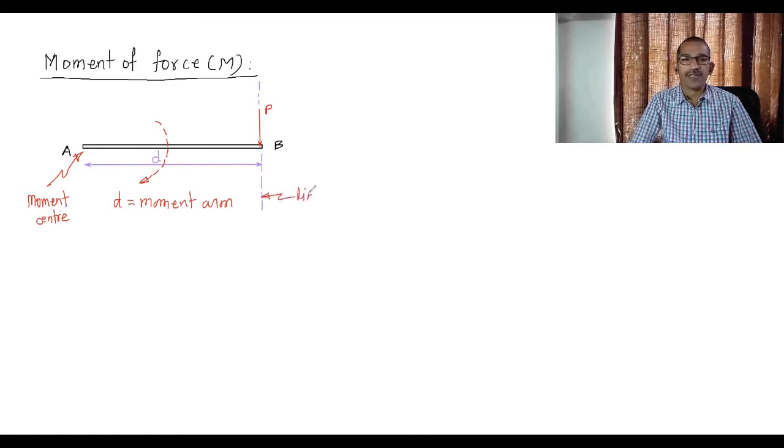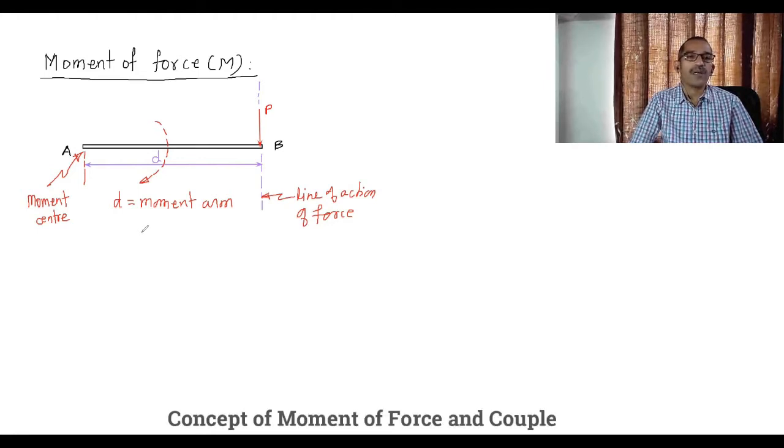And third, moment arm, the perpendicular distance between line of action of force and moment center. Now due to this force P, the bar tends to rotate in clockwise direction. If you apply force in vertically upward direction, the bar tends to rotate in anti-clockwise direction.